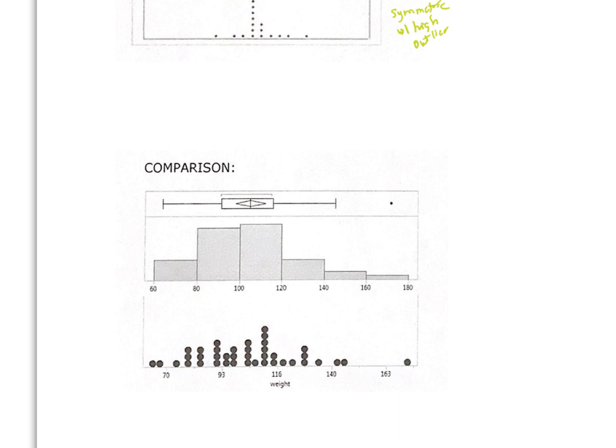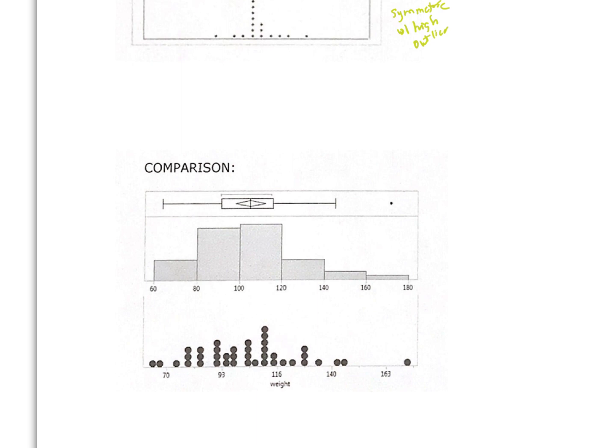I want you to realize something here. Part of the issue is the way that a histogram is drawn, you cannot necessarily see outliers as well. You don't see quite as much detail sometimes with a histogram as you do with a dot plot or a stem plot or a box and whisker plot.